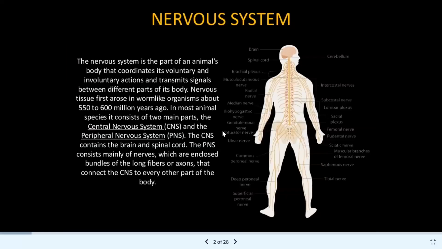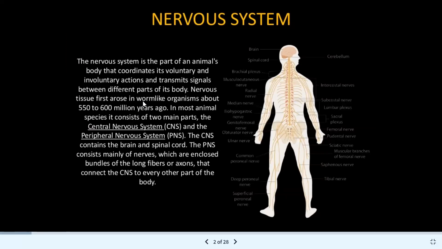That's why these lines reveal this point. Nervous tissue first arose in worm-like organisms about 550 to 600 million years ago. So this system was defined before 550 to 600 million years ago, because the representation is worm-like.